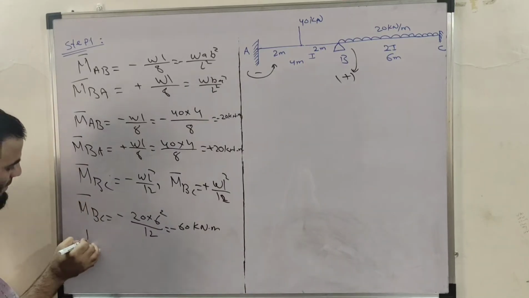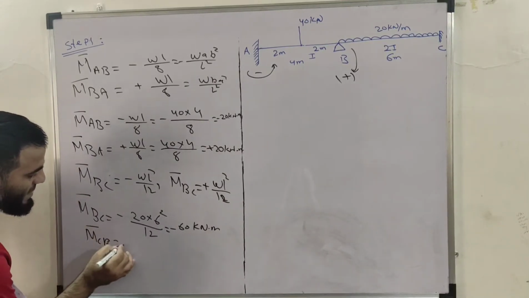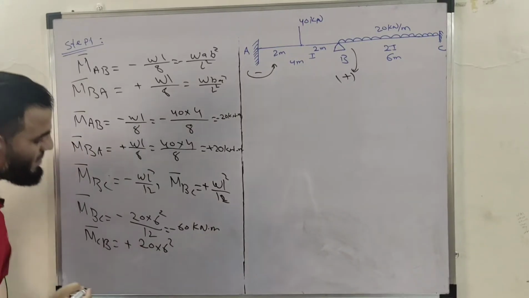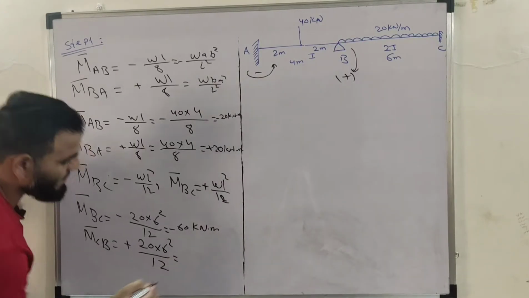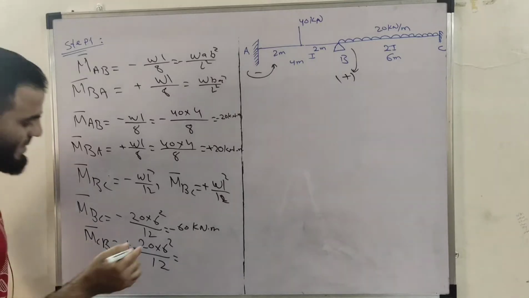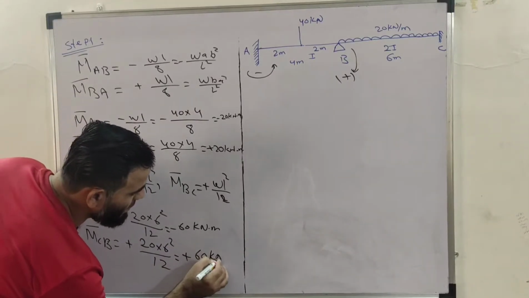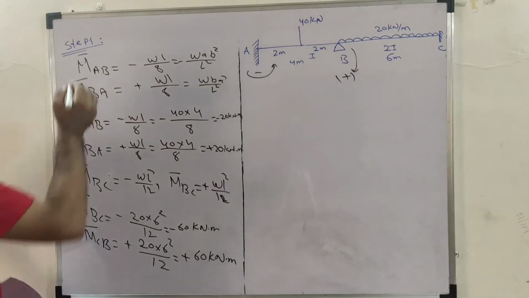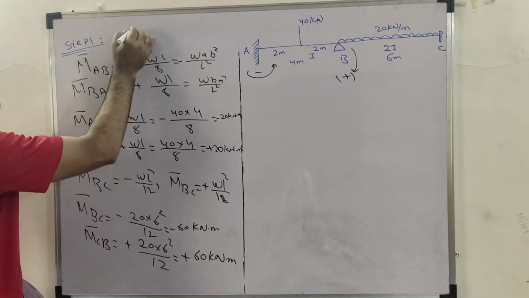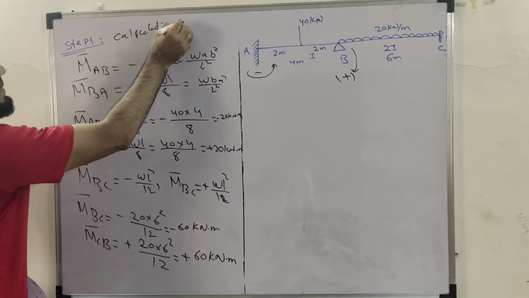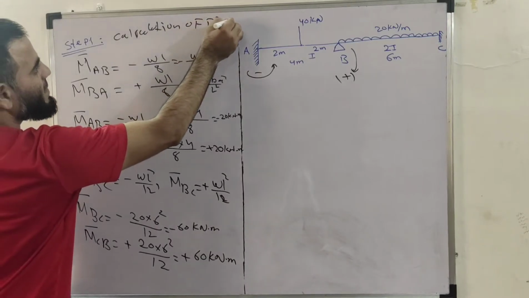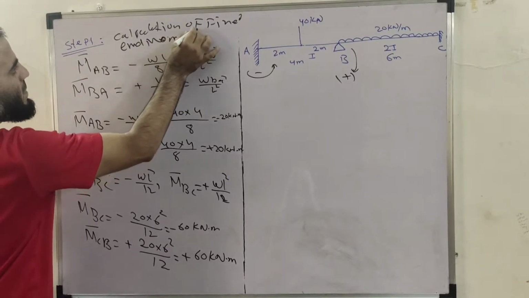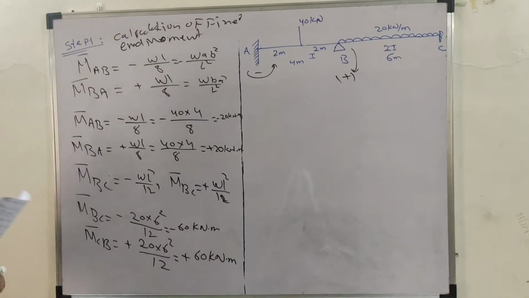Now moment CB fixed is equal to plus 20 into 6 square divided by 12, which is plus 60 kilonewton meter. In the first step we calculated the fixed end moments.